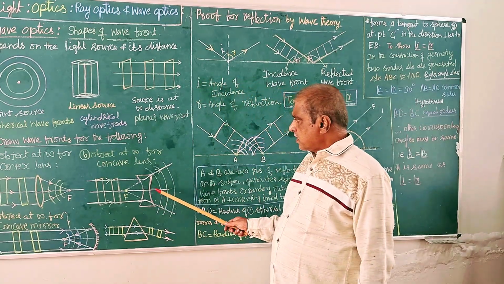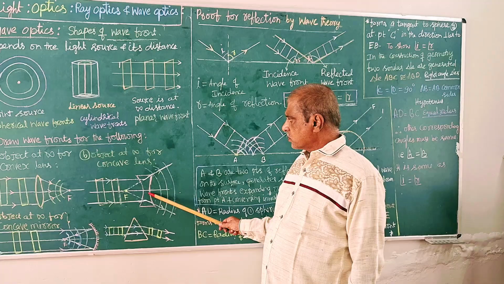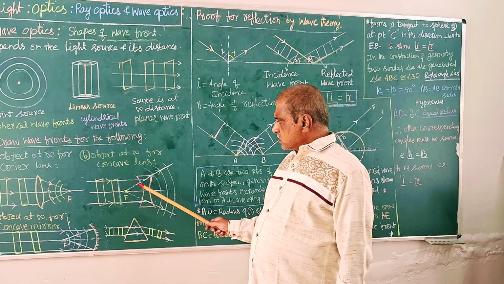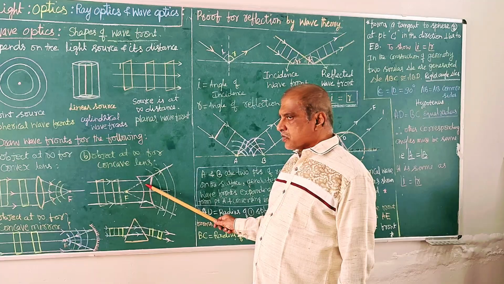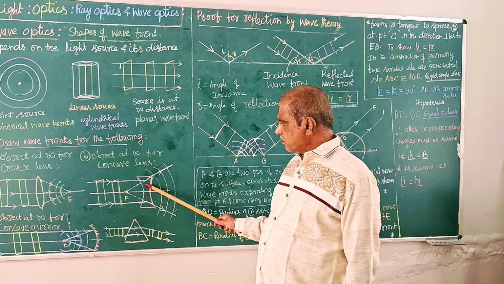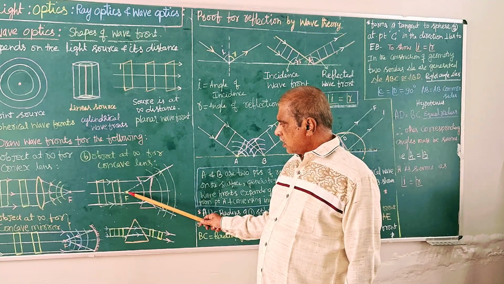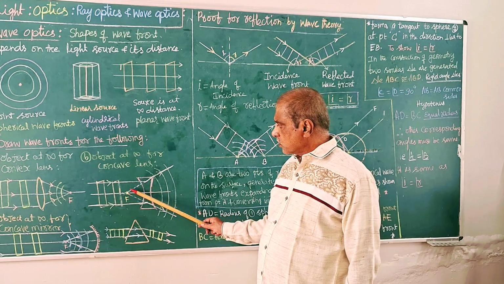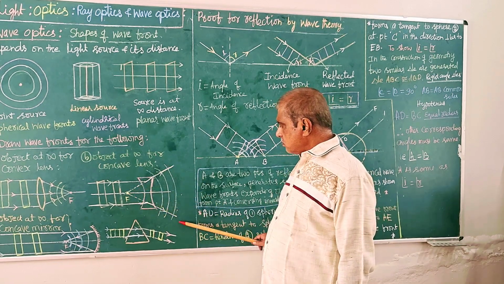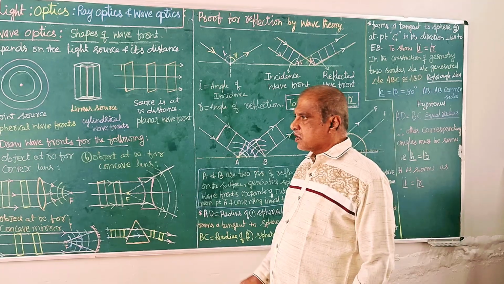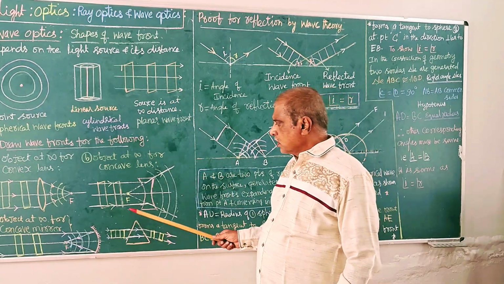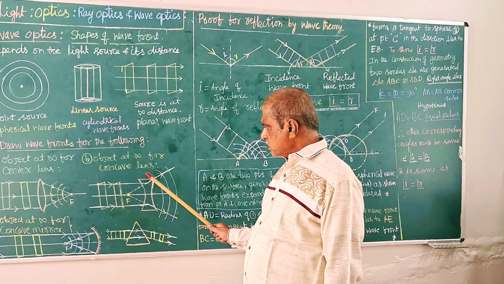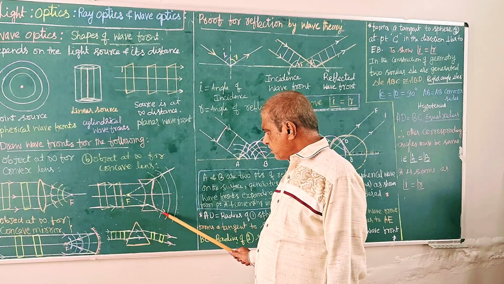Then, what is the case for a concave lens? As you know, as the light passes through the lens, the light appears to diverge from this point, the focal point. Then what is the shape change? The planar shape of the wavefront changes again into spherical shape.